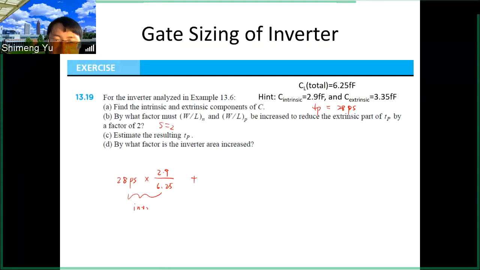And then the extrinsic part is 28 picosecond times 3.35 out of 6.25. So this is the extrinsic part.